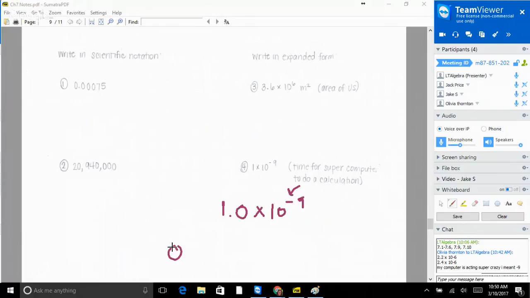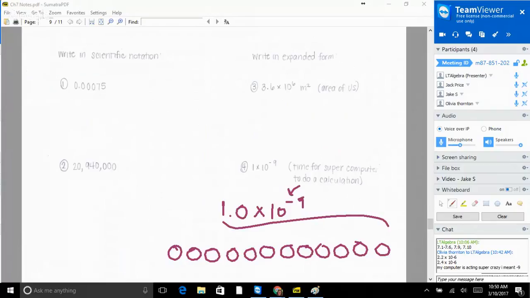So we're going to have a really small number. What I actually do is I draw a bunch of zeros, and then I say, okay, my number at the end is 1.0. Since I have negative 9th, I'm going to move my decimal 9 spots: 1, 2, 3, 4, 5, 6, 7, 8, 9.